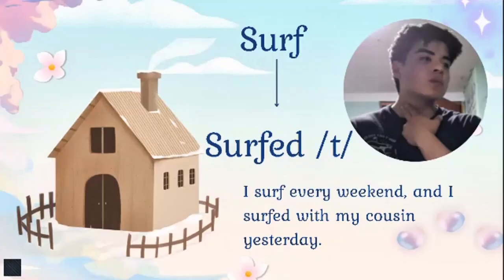Nothing vibrates, right? So, surfed ends in a t sound. Try it again. Surfed. See these sentences and notice how the pronunciation changes in present and past. I surf every weekend and I surfed with my cousin yesterday.